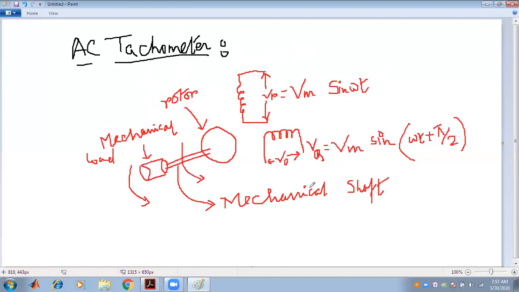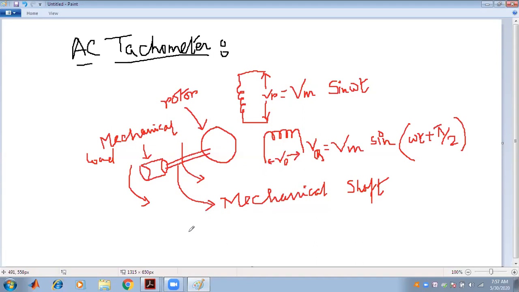According to Faraday's law of electromagnetic induction, as the rotor starts rotating, it will gradually cut the flux that is produced by the 90-degree phase displacement in space and also in the time domain. As the flux is gradually cut, a voltage will be generated, that is E proportional to d phi by dt.